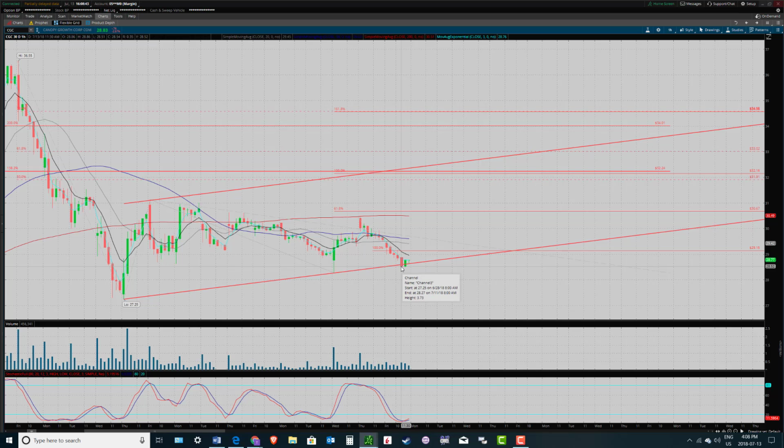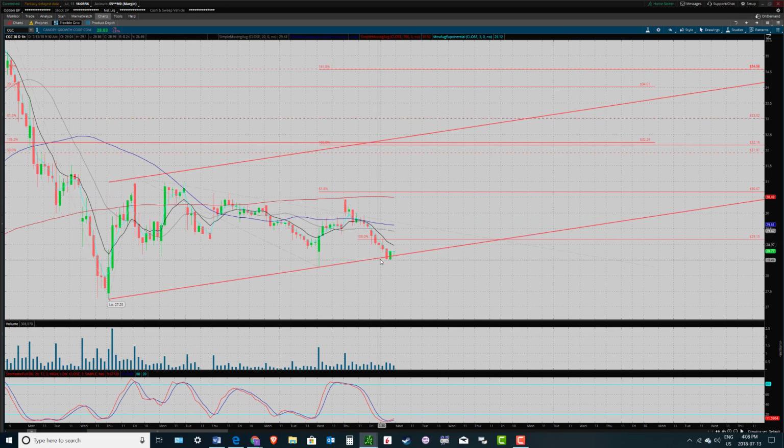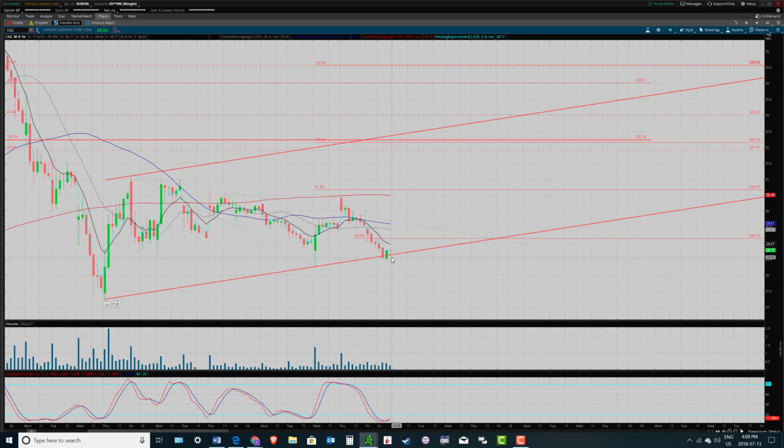So definitely testing these levels, but so far it's passed the test. But this really needs to reverse essentially immediately, starting next week on Monday, and start heading back up. Otherwise, we could have some sort of larger decline at hand here, but we won't cross that bridge till we get to it.